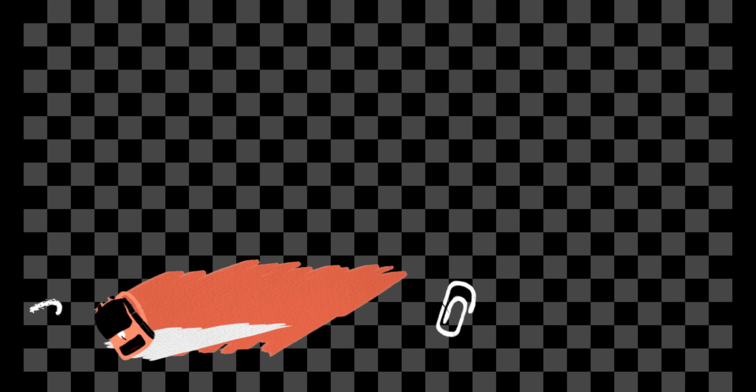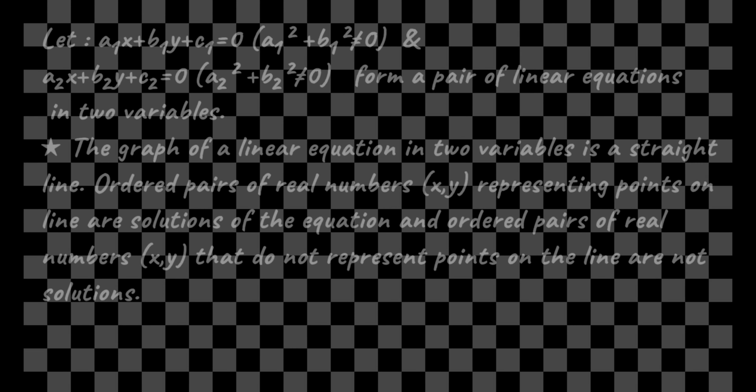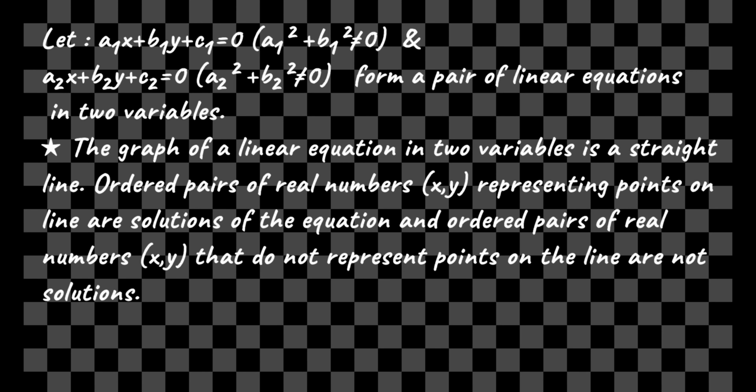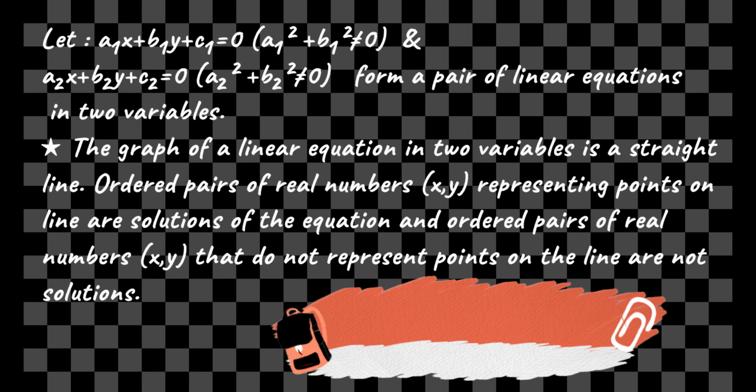Now we will discuss about the graphical method. When a1x + b1y + c1 = 0, where a1² + b1² is not equal to 0, and a2x + b2y + c2 = 0, where a2² + b2² is not equal to 0, form a pair of linear equations in two variables.